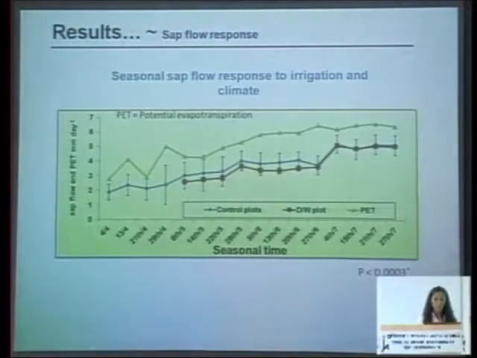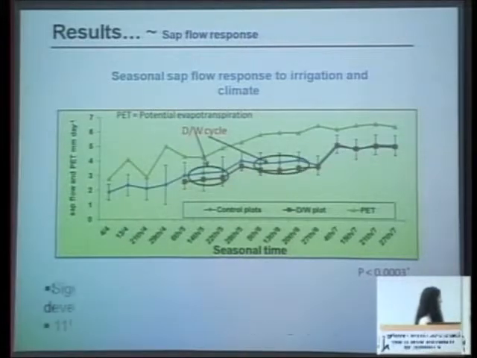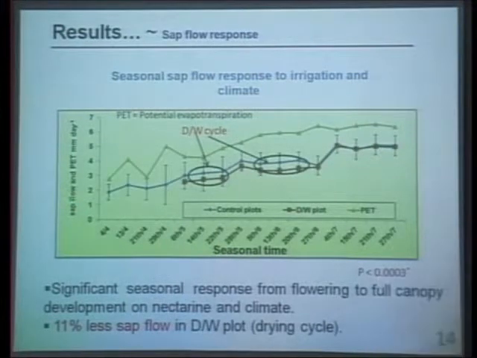Sap flow response: seasonal sap flow response to irrigation and climate. Sap flow and potential evapotranspiration in mm per day, and the seasonal time from April to the end of July. We found a significant increase in sap flow with the season, and the rate of increase started to decrease from the beginning of July, both in control and drying plots. The potential evapotranspiration also increased with season, and it started to level off.